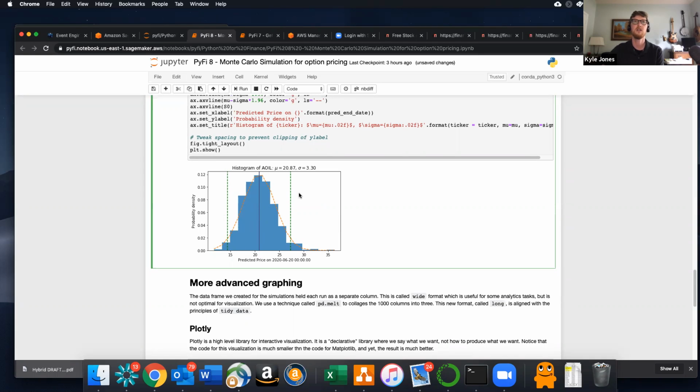And the green lines here are 2 standard deviations away from the mean. Right. So this is our 95% confidence interval, everything between the 2 green lines. So the probability that there is a price as high as 35, it is possible, but it's going to be less than 2.5% because we have a 2-tailed test here.